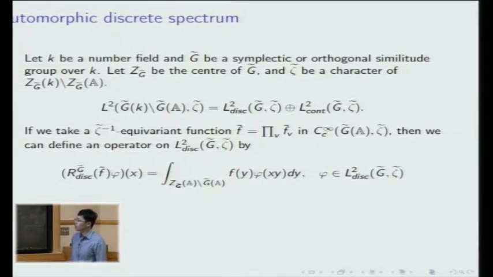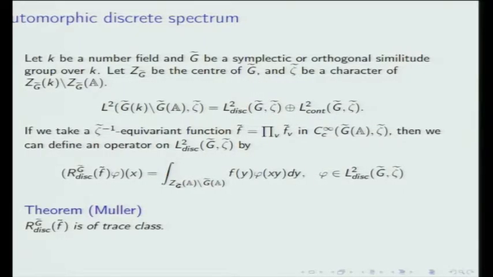And in this case, we fix a central character on the adelic points. Then it is well known that this L2 spectrum can be decomposed into a discrete part and a continuous part. And we also take a test function like that. Then we define an operator on the discrete spectrum. And it is a theorem of Müller that it is trace class. So we can talk about the trace of this operator.